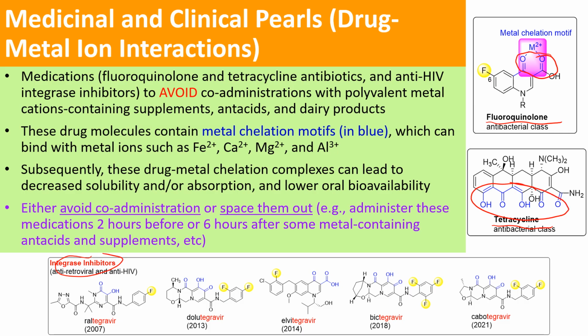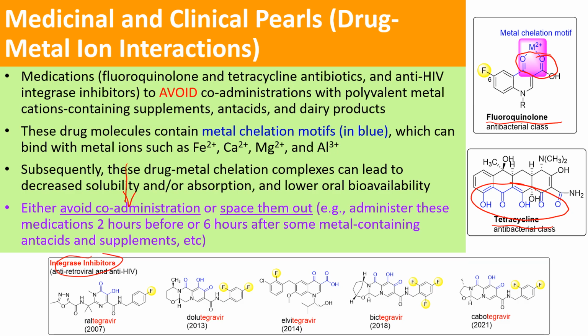This motif will interact with and chelate metal ions, for example, iron, calcium, magnesium, and aluminum. Subsequently, this drug-metal chelation complex can lead to decreased solubility, absorption, and oral bioavailability.